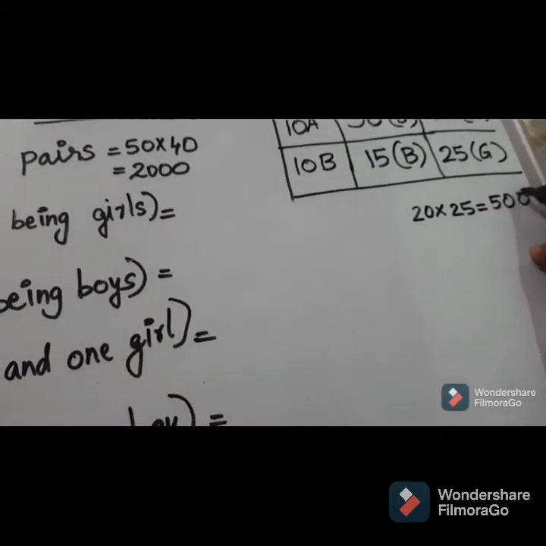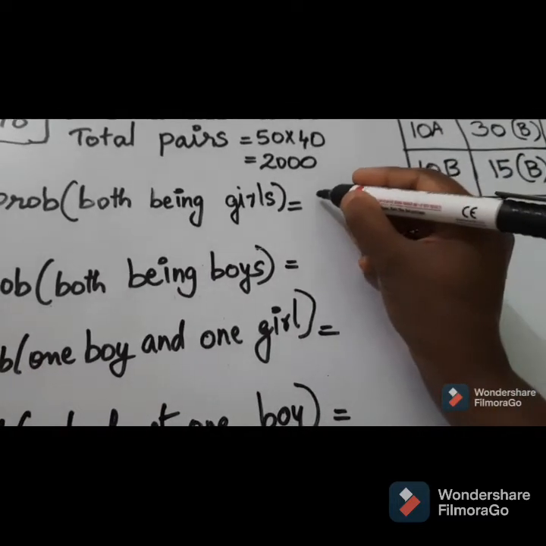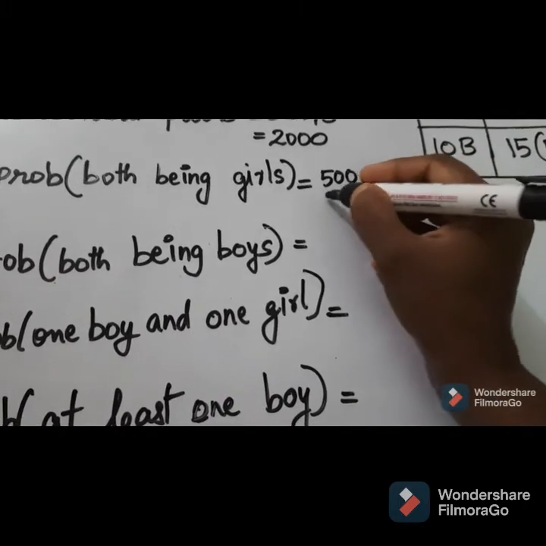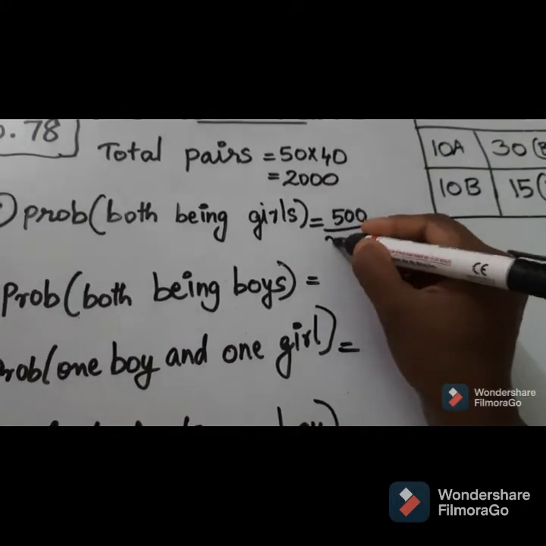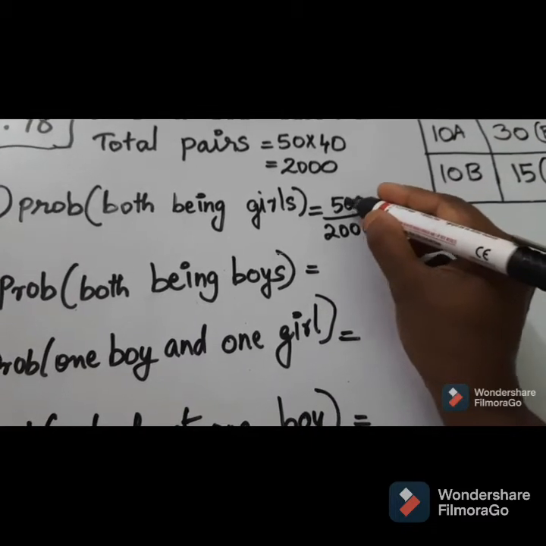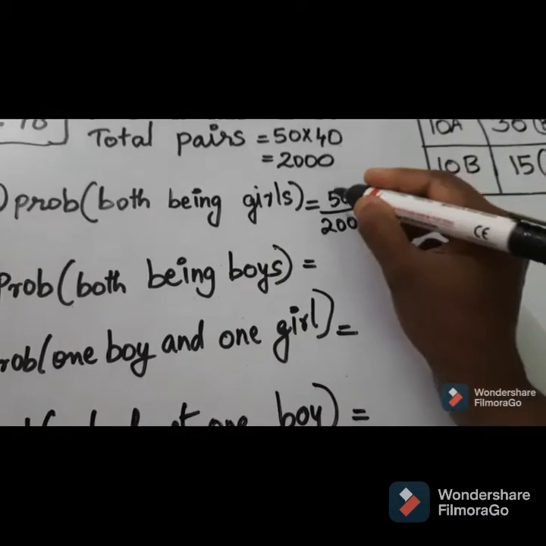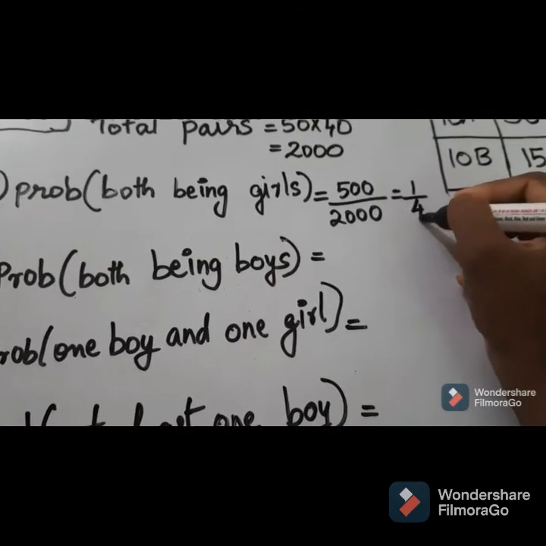Then 1 zero. That is 500 pairs are both girls. Then out of total pairs 2000, we can cancel these two zeros. So you will get 5 upon 20, that is 1 by 4.